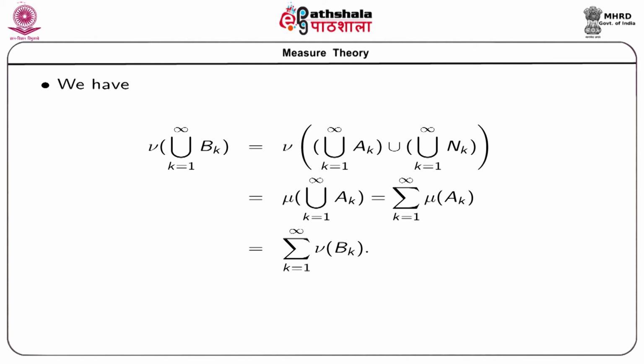But since mu is a measure and so is countably additive, this is equal to sigma k equal to 1 to infinity mu of A k, which is equal to sigma k equal to 1 to infinity nu of B k.